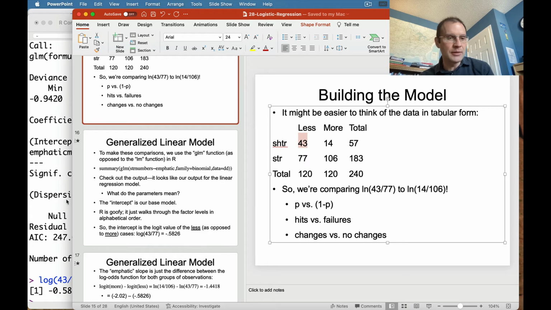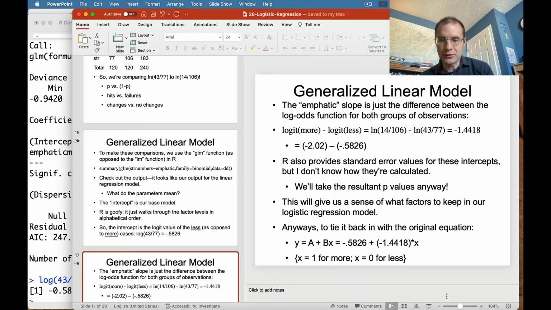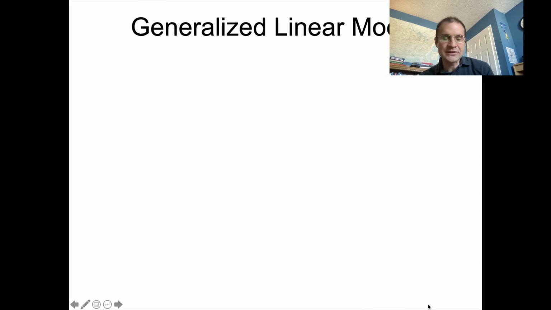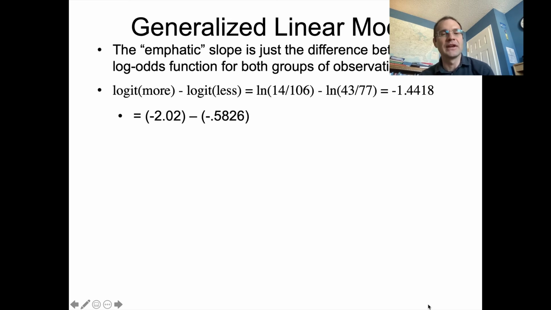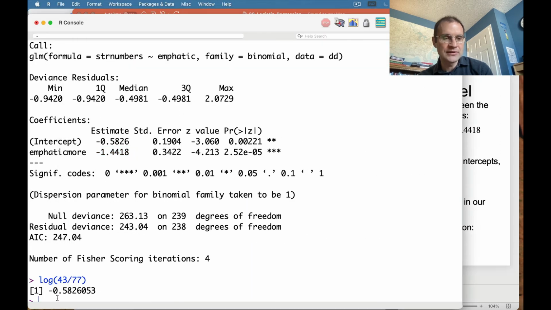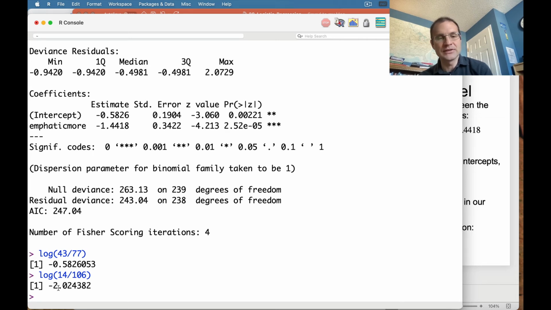Okay, what does this other number mean though? This estimate. Where do we get that? It's actually quite simple in its own right. The emphatic slope is just the difference between the log odds function for both groups of observations. So we take the logit value for the more data, subtract from it the logit value for the less data, and we get this number negative 1.4418. So the reason we're getting that is because the log odds ratio for more is the log of 14 divided by 106.